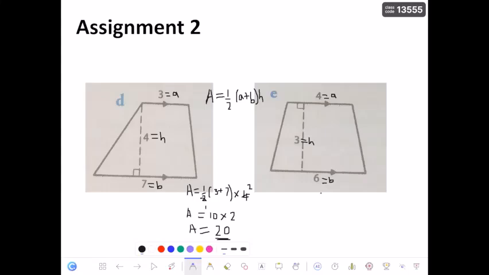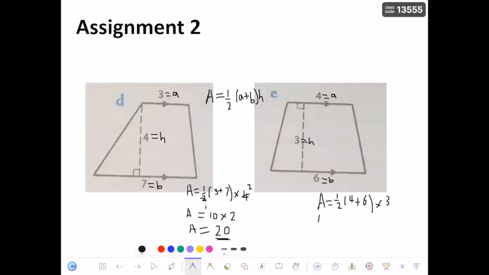Then in this case, the area of this one will be what now? The same 1 over 2, bracket, the A is 4, so 4 plus 6, then multiplied by the height, which is 3.